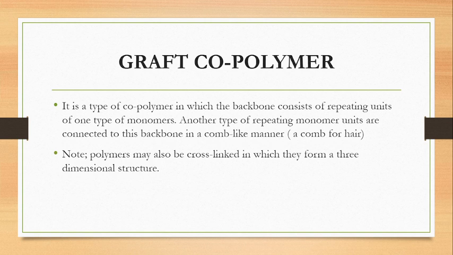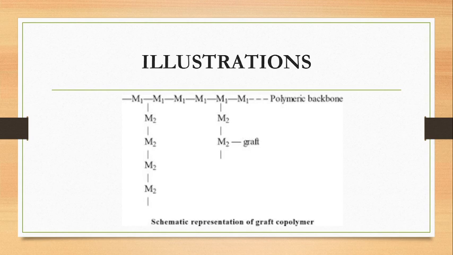We need to note that polymers may also be cross-linked, in which case they form a three-dimensional structure, and we'll see how important that cross-linking is. I'm pretty sure we understand what a graft copolymer is. I'm illustrating it right here. This is monomer unit 1, which is M1.